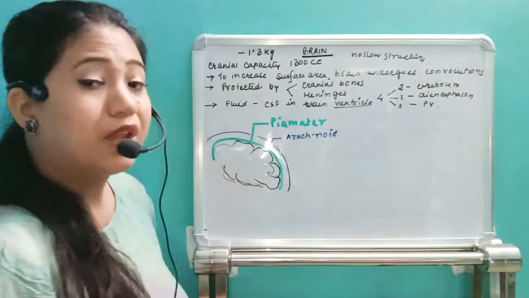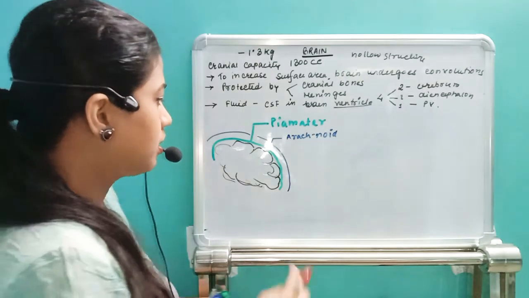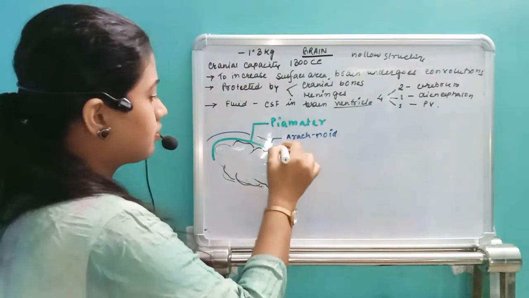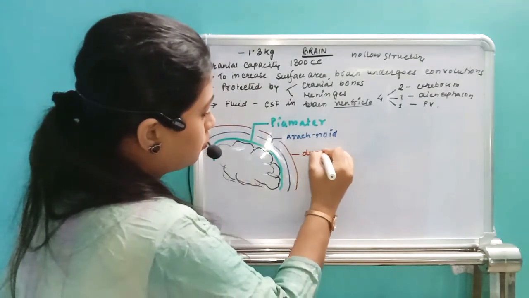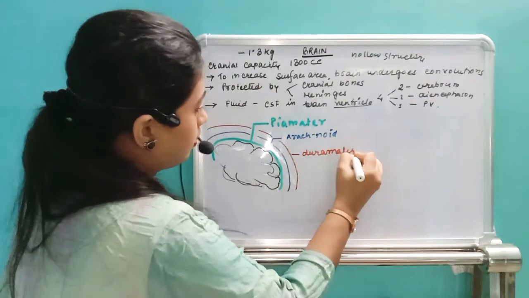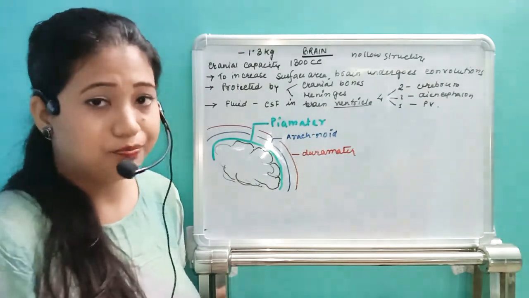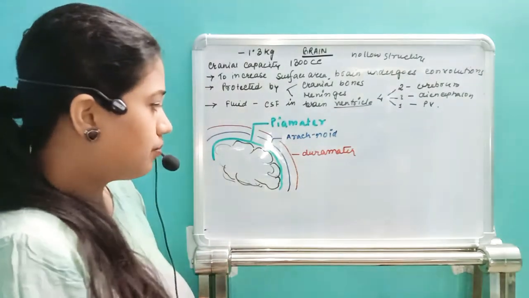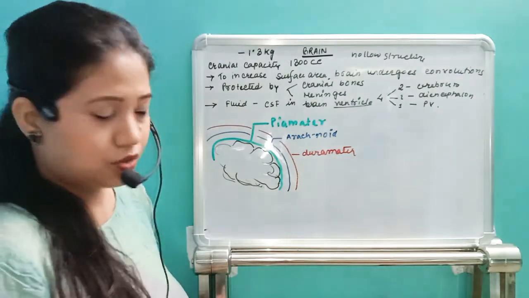And the outermost layer, what is that called? This will be called the dura mater. M-A-T-E-R stands for mother. Now the mother means it is going to protect the brain from external injuries.